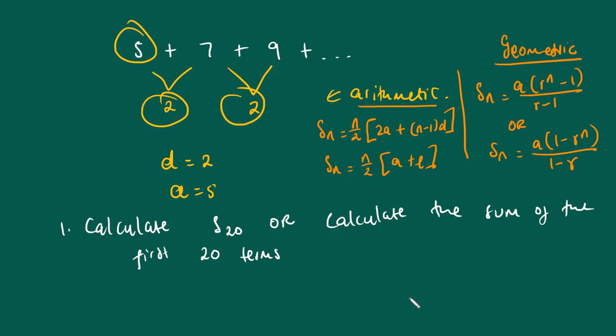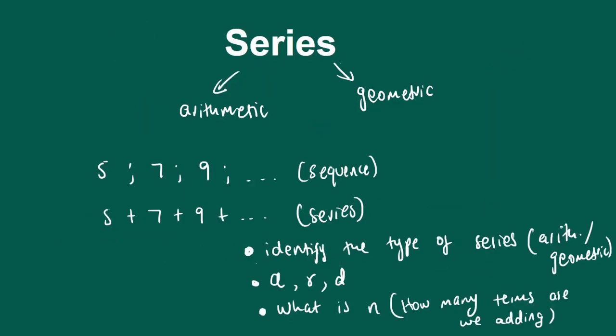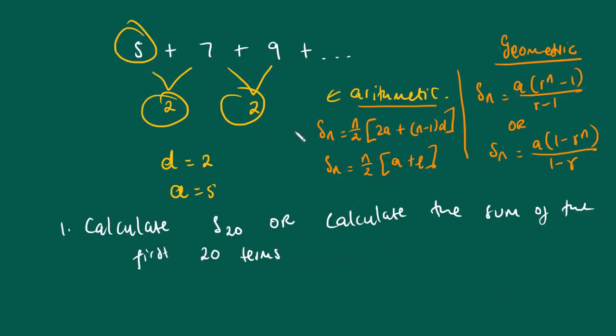Now you must know how to choose the correct one. For you to choose the correct sum formula, it depends on the question. Well, that's why I said first of all get the type of the series. Right now we know that we're dealing with arithmetic, so you're gonna focus here. We're not gonna focus here because it's not a geometric. So since you are focusing here, now I have to choose between this one and that one.